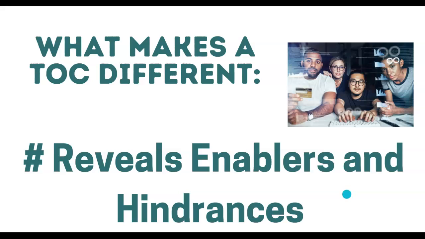For example, we did a theory of change for a domestic violence organization. And in that theory of change, we soon figured that if the funding bodies refuse to provide us with funding, it's going to hinder the work. If we have a new government legislation that was strongly regulating data, then it's going to be a hindrance.